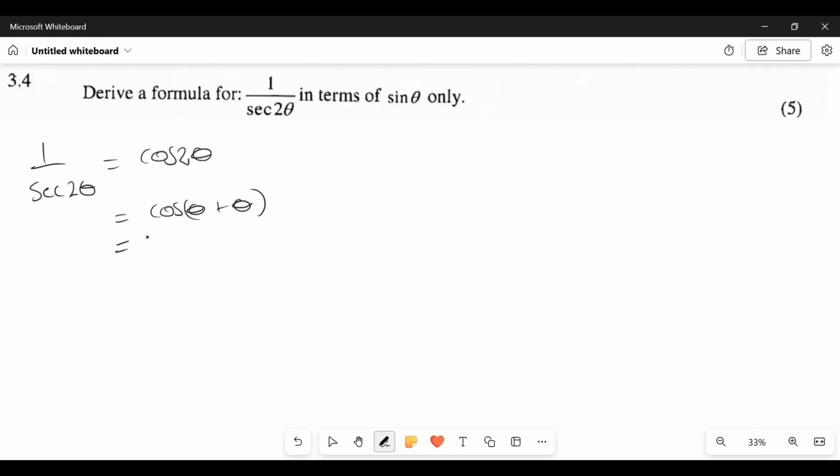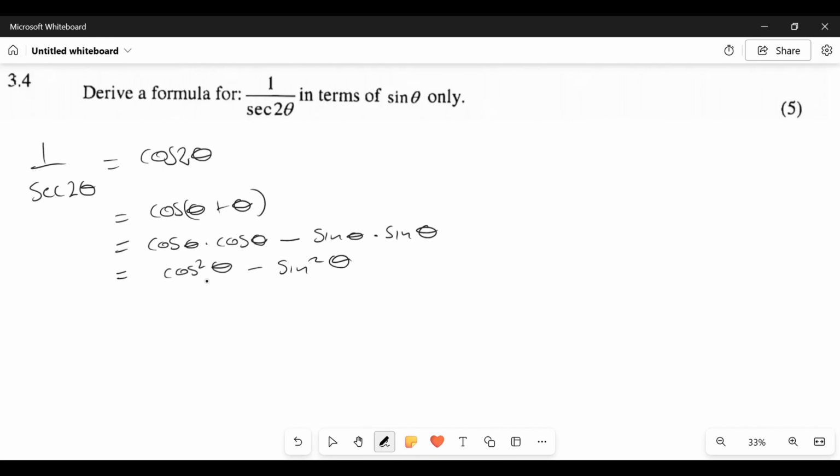For cos, it's cos theta multiplied by cos theta, and when we have plus between the thetas, it's minus here, sine theta multiplied by sine theta. So we have cos squared theta minus sine squared theta.